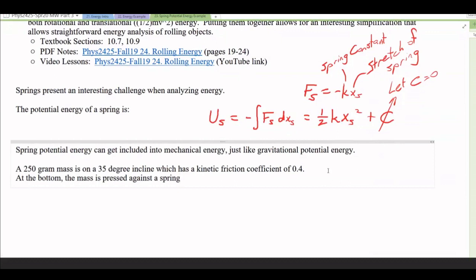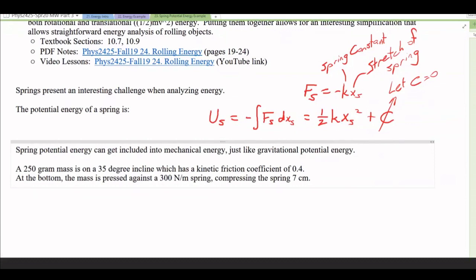And at the bottom, we're going to press this thing against a 300 Newton per meter spring, compressing the spring 7 centimeters. So this is like in a pinball machine. The ball is pushed back against a spring. Usually we pull the spring back, but it's basically the same thing.